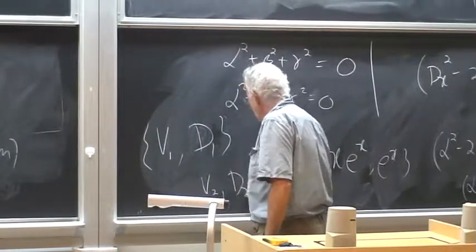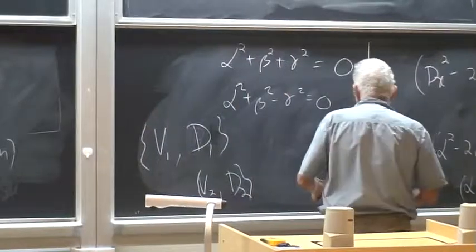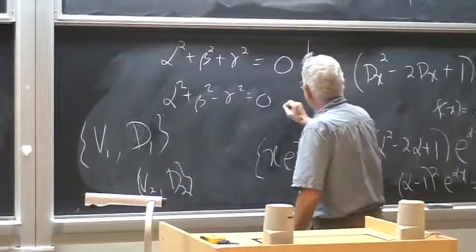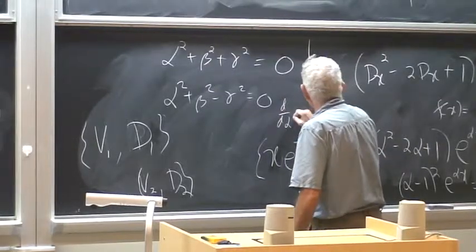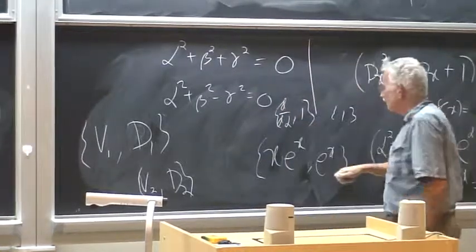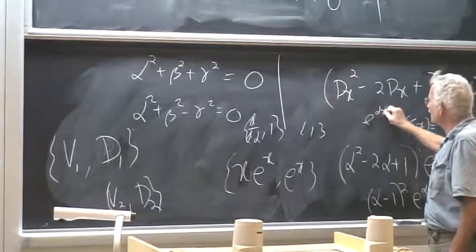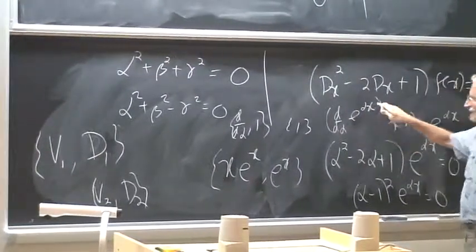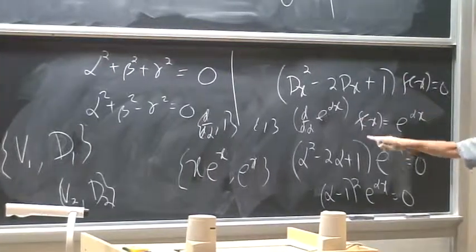So you have lots of components. So in this case, the multiplicity variety is 1 and d over d alpha 1. So if you look at e to the alpha x and take the derivative with respect to the parameter alpha, you get x times e to the alpha x. Then you plug in alpha equals 1, you get it.